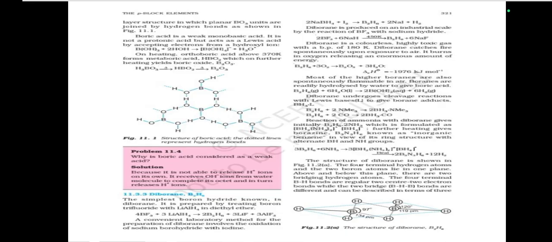On heating, orthoboric acid above 370 Kelvin forms metaboric acid HBO2, which on further heating yields boric oxide B2O3. Structure of boric acid. The dotted lines represent hydrogen bonds.